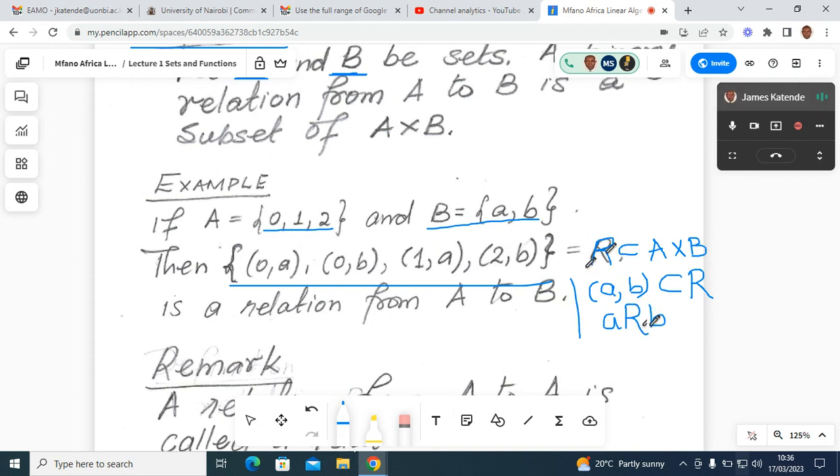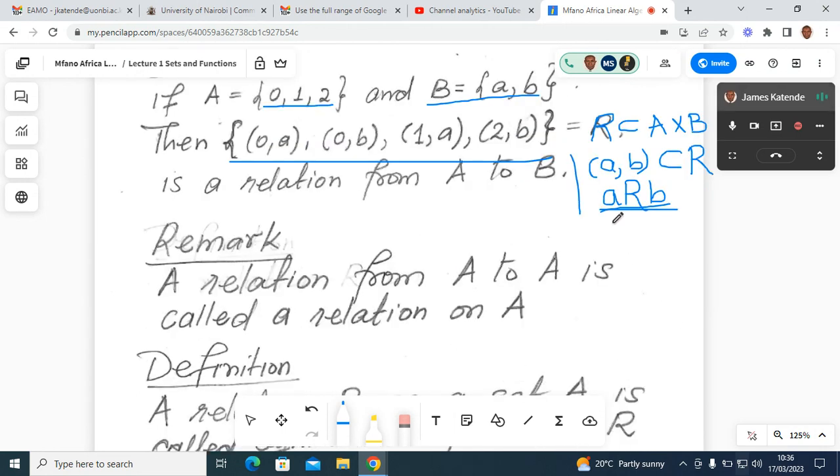So this subset is R, but a R b will mean that a is related to b. You don't have to use R. R seems to be the natural letter to use because of the word relations. But some books will write this, that a is related to b.